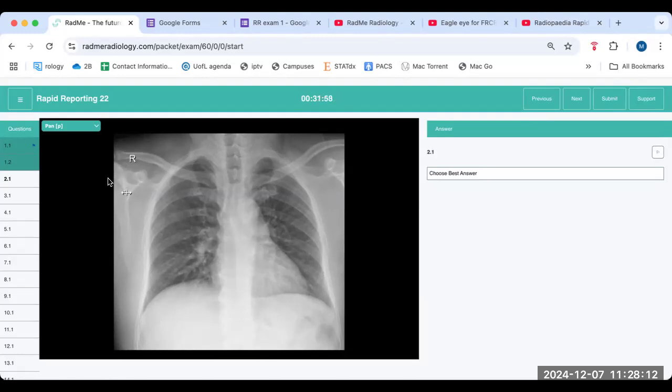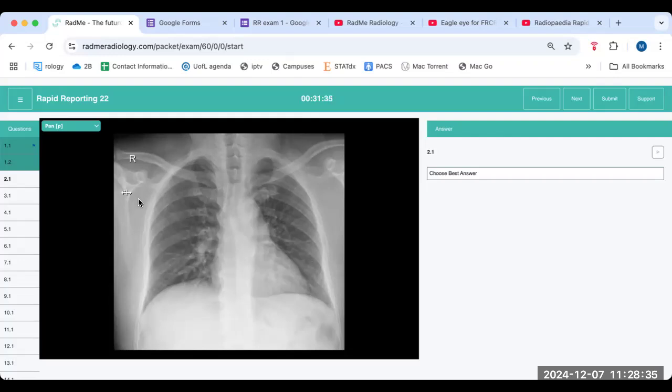The humeral head, as long as it is not under the coracoid process, it is normal. Regardless the look of the humeral head, regardless the position of the humeral head, the sign for dislocation is the humeral head is under the coracoid process. So if it is not under the coracoid process, it is normal.